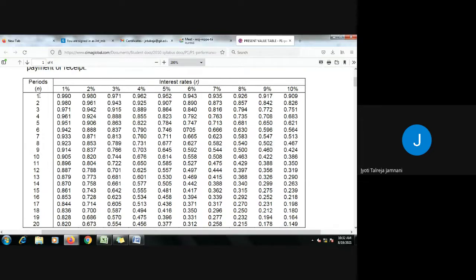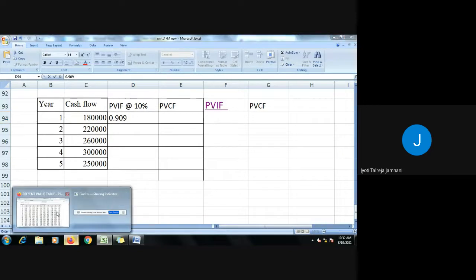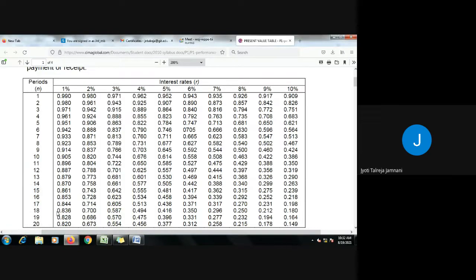For the first year, the 10% rate is 0.909. So we'll take 0.909. Second year, 0.826.